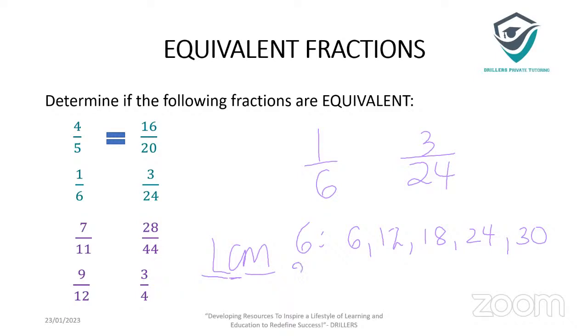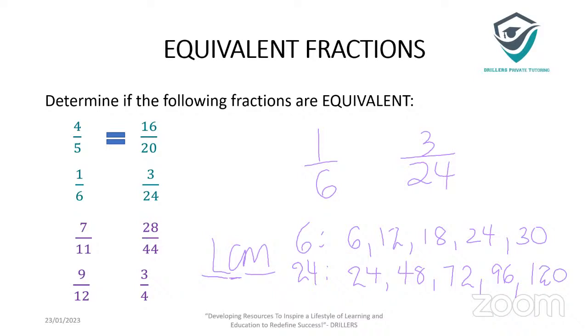So if we talk about 24 and we consider the multiples of 24, you have to be able to count in 24s. You're going to have 24, 48, 72. Just looking at the first 5 multiples: 96, and 120. Those are the first 5 multiples of 24.